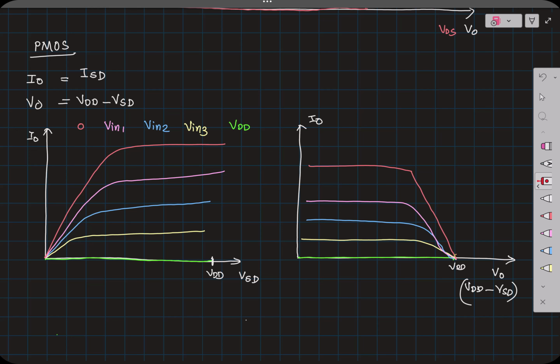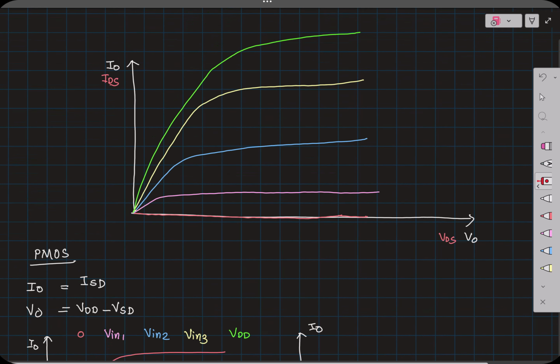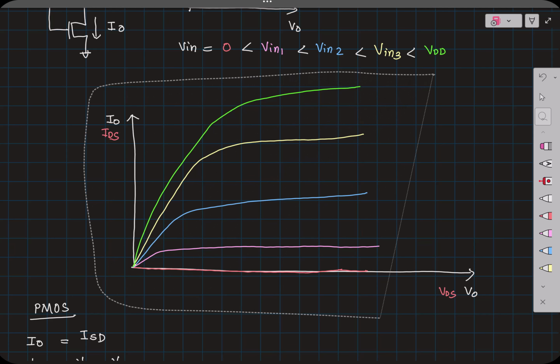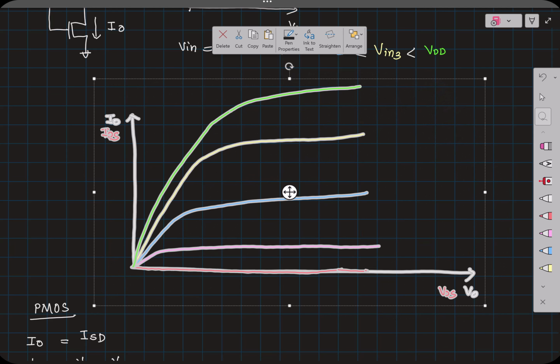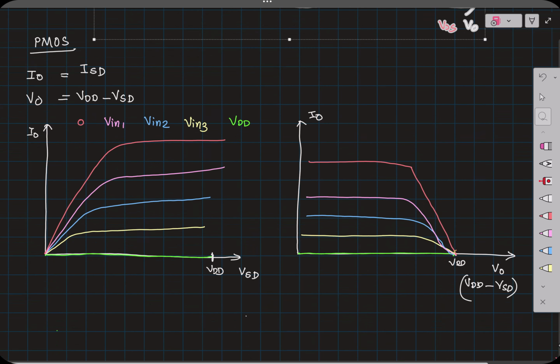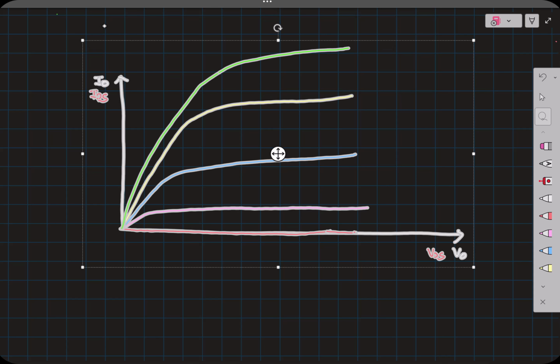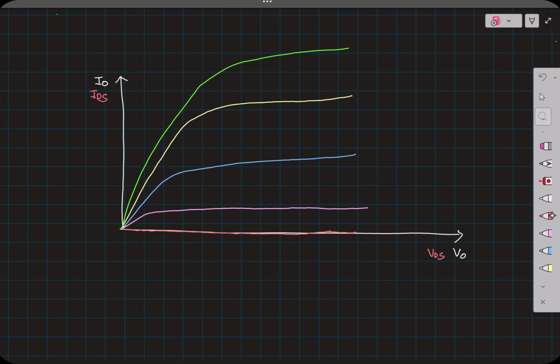Plot both I naught versus V naught in the same plot and see if you are able to identify the value of V naught corresponding to a given Vin.